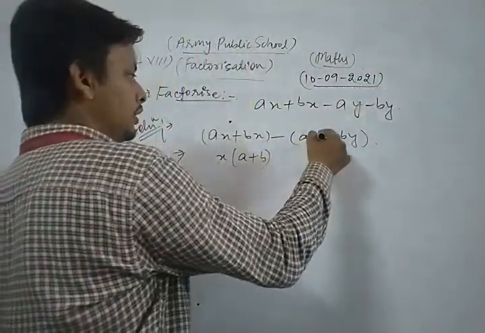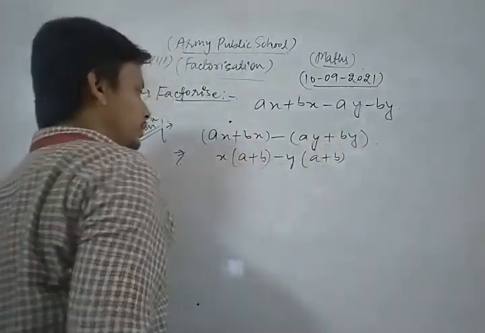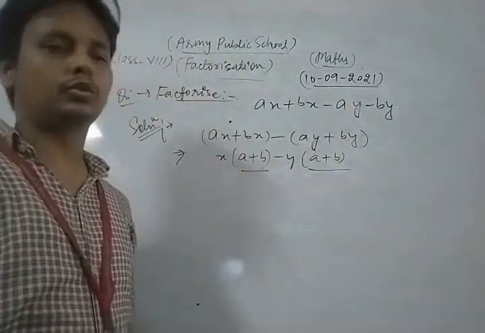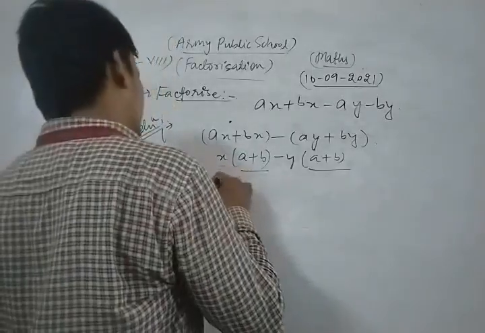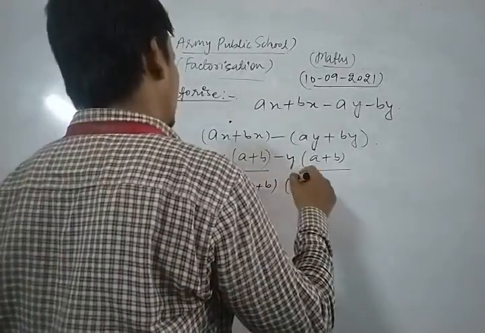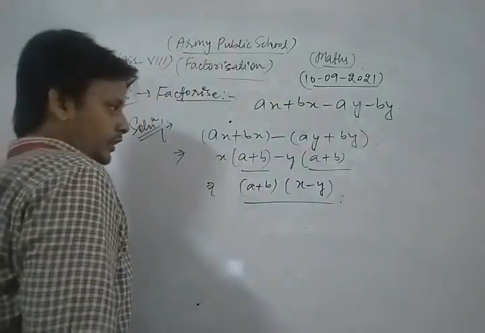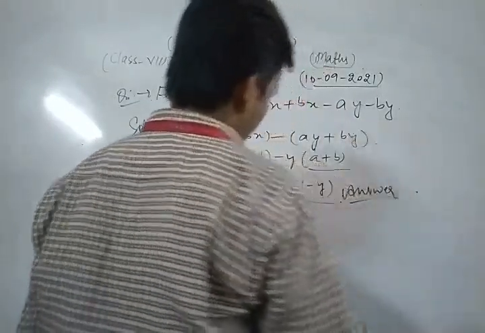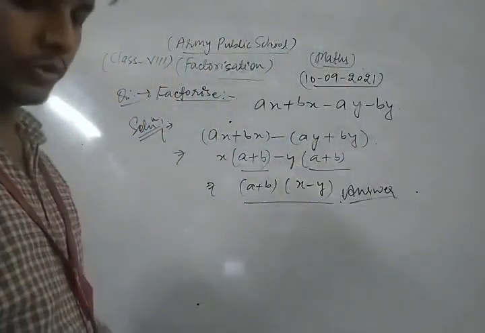We take y as common, so we get a plus b. Now we observe that a plus b is in both the terms, so we take a plus b as common, and we get x minus y. So this is the required solution of the given question.